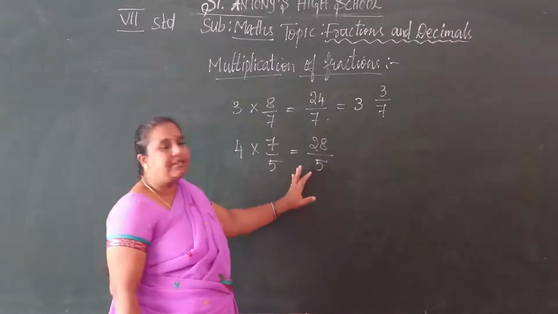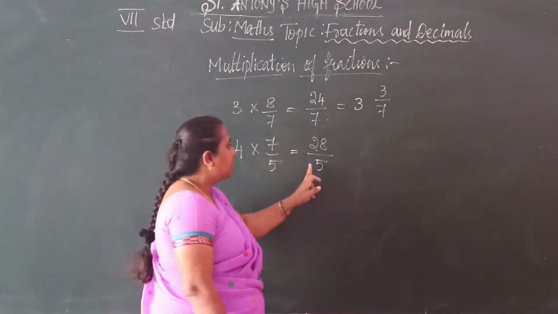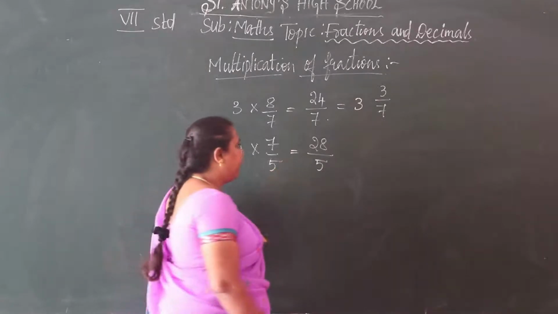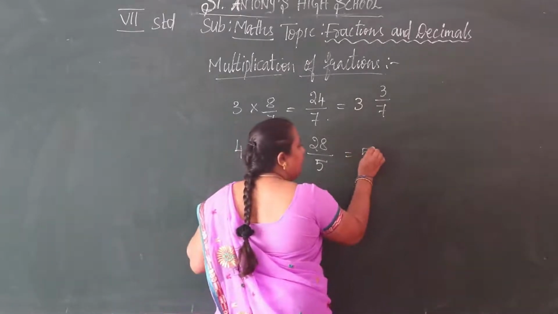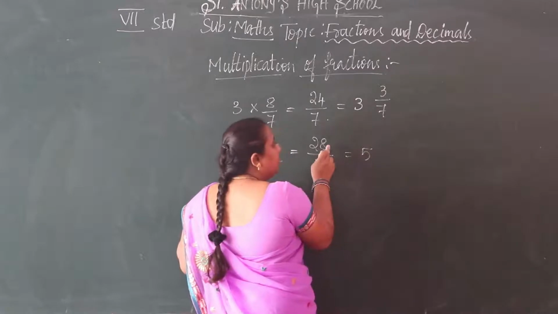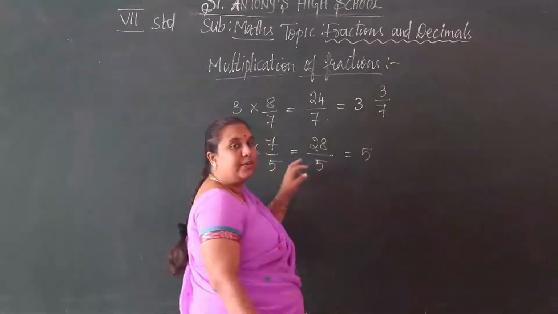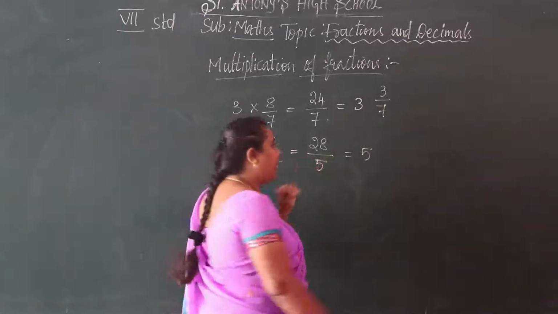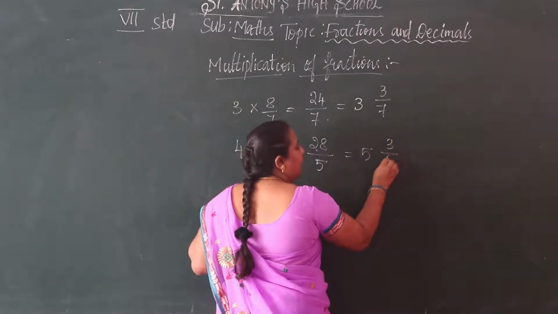So this also we can write as a mixed fraction. So 5 5s are 25, so we have 5 as a whole number and we write the balance here. 28 minus 25 we have 3. Okay, so 3 by 5.